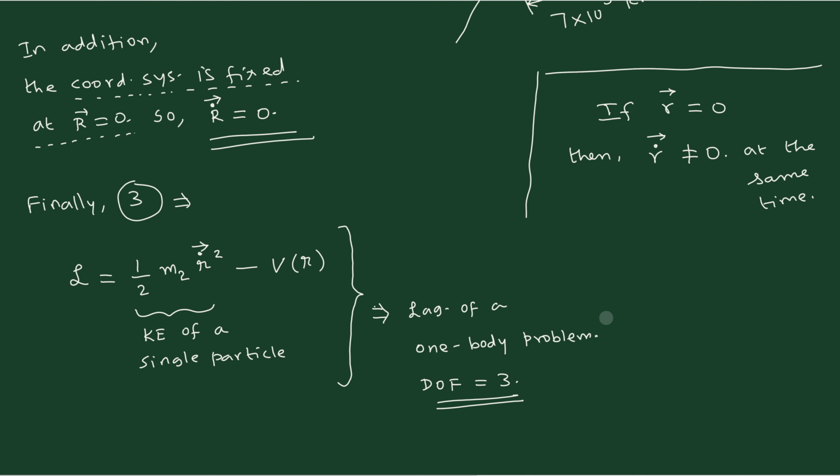And we are going to see what happens because of the property. Till now we have not discussed anything on the speciality of the gravitational potential. If we discuss that, then something is going to happen to the number of degrees of freedom. So that part we will see in the next class.